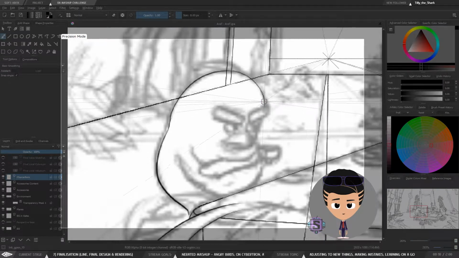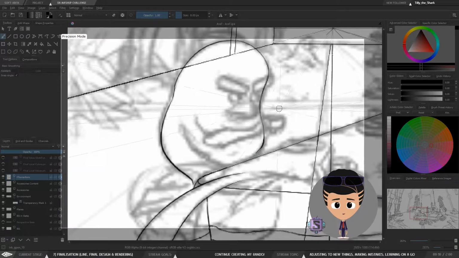So ideally this part of the face, it's pretty flat like this, but we need to suggest that it goes in here. Actually, it's not the part of his body.